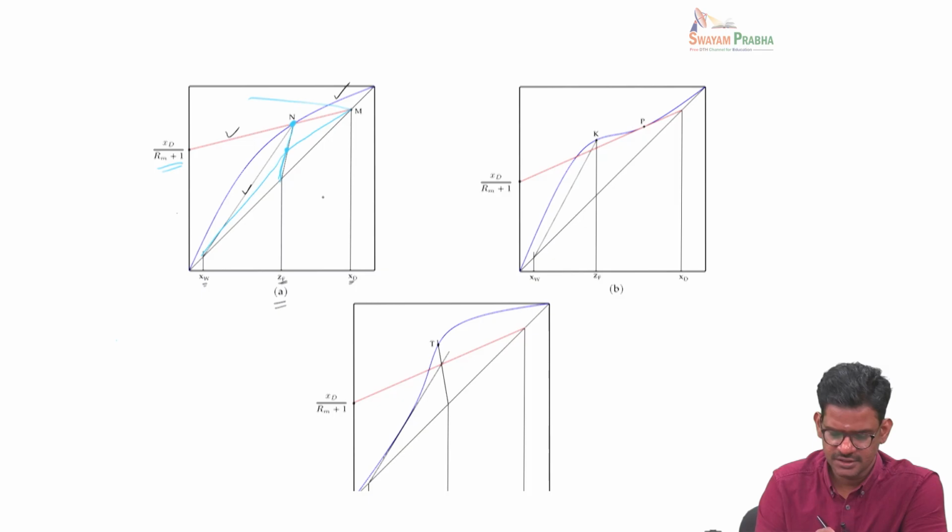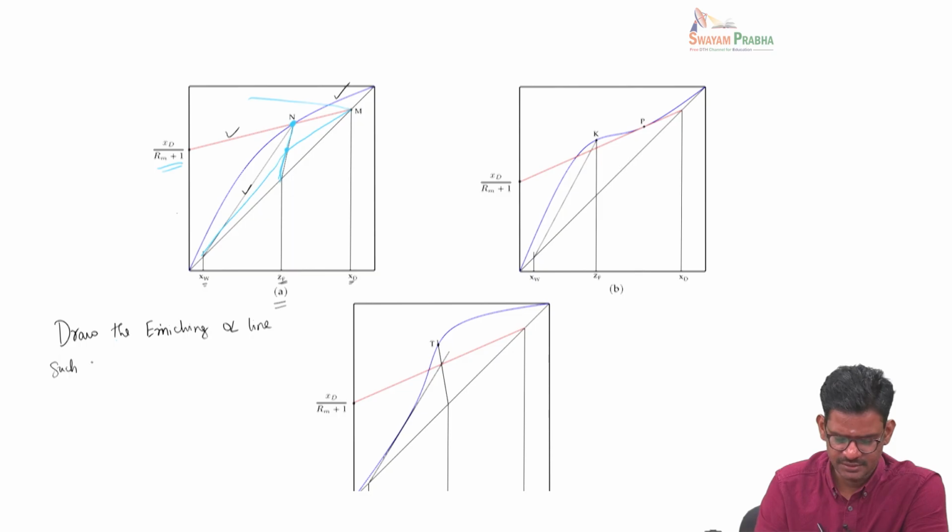So what we are saying is, draw the enriching operating line such that it intersects the equilibrium and Q line at point N here.